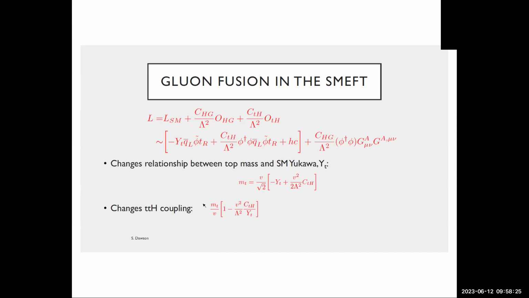And in particular, not only is the relationship between the mass and the Yukawa changed, but the TTH coupling has changed. My arrow's in the wrong place. So instead of being MT over V, it's got this extra piece. We have to systematically go through all of our interactions and make these changes once we start adding the new interactions.